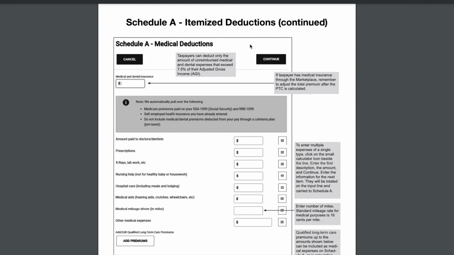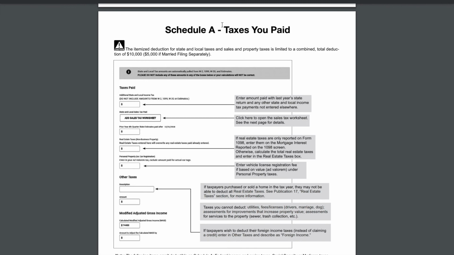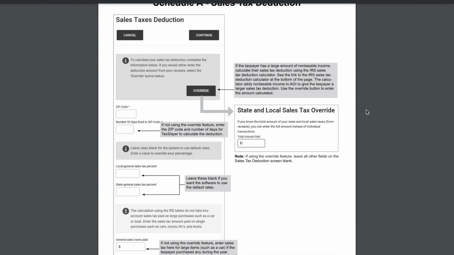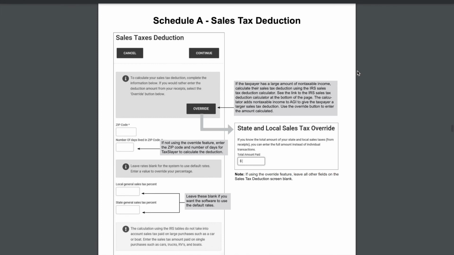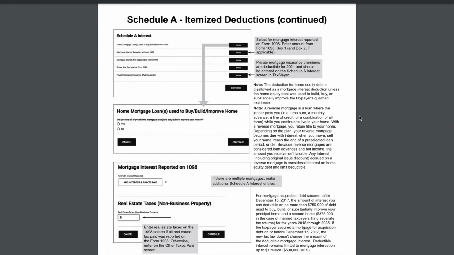Here, this is just giving you more instructions on how to enter medical deductions. Now, this is talking about the taxes you paid, that itemized deduction that we talked about as well in the lecture. And this is just talking about, again, how to enter it into TaxSlayer.